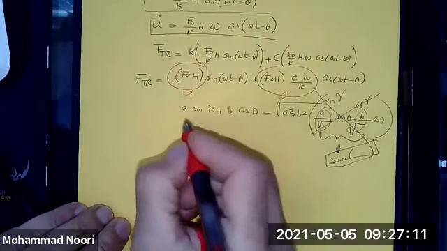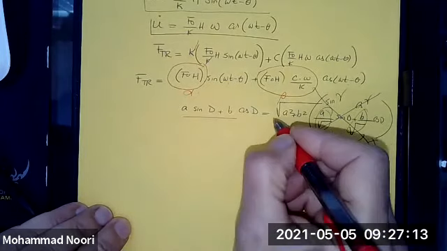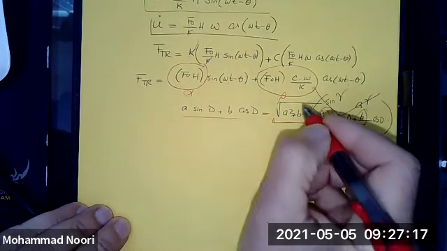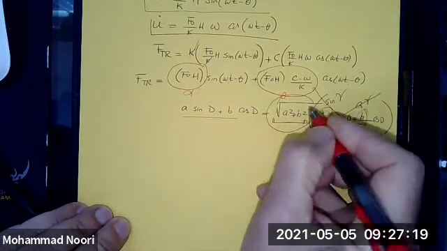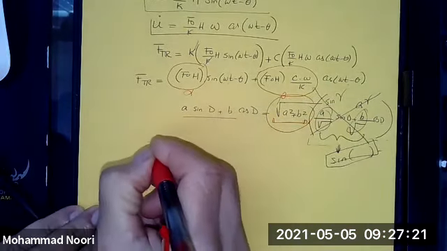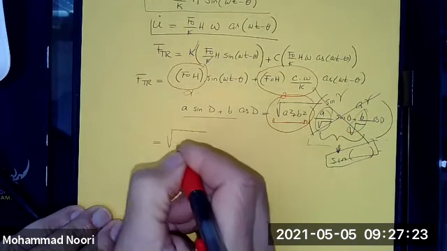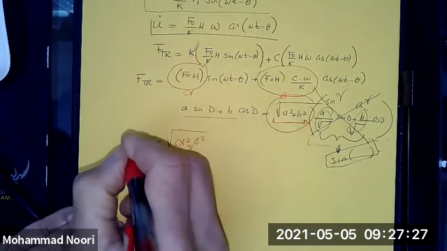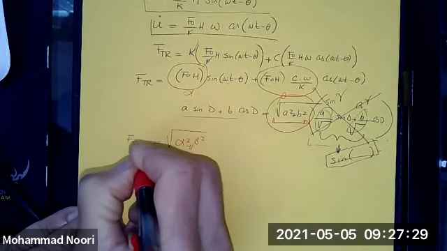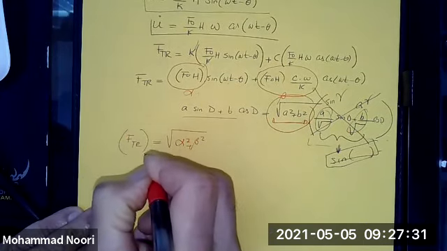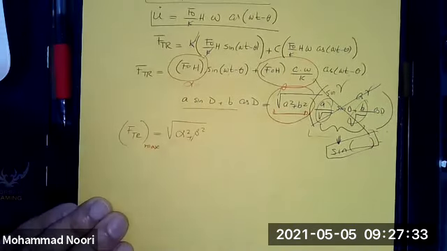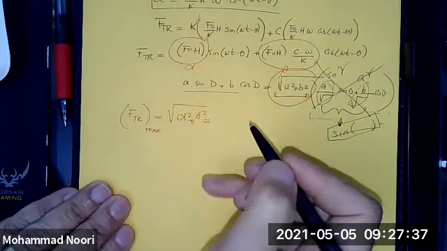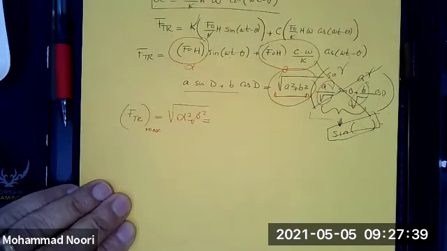What I'm concluding is that this is an amplitude times the sine function. So this amplitude, the square root of alpha squared plus beta squared, is that maximum value that we were talking about.